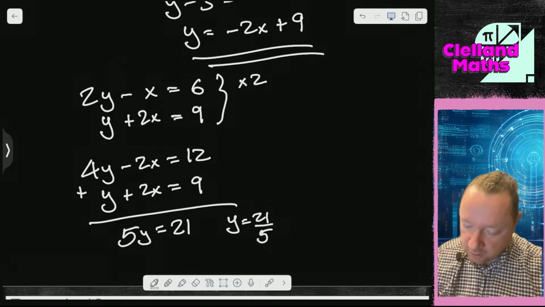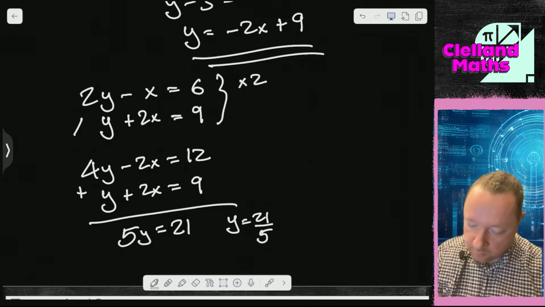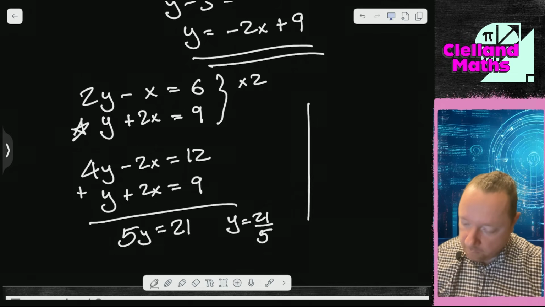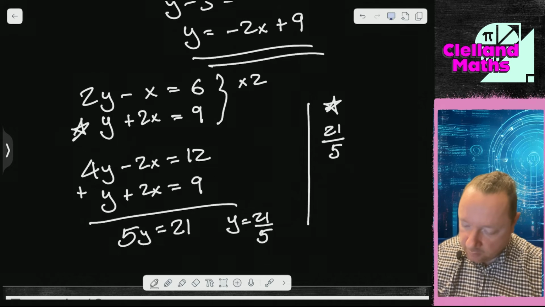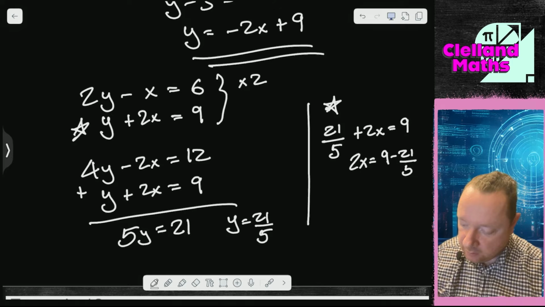Now we move on to our x, so we'll just sub into one of our equations. Let's just pick this one. So we've got, from the star, 21 over 5 plus 2x equals 9. So 2x is 9 minus 21 over 5.